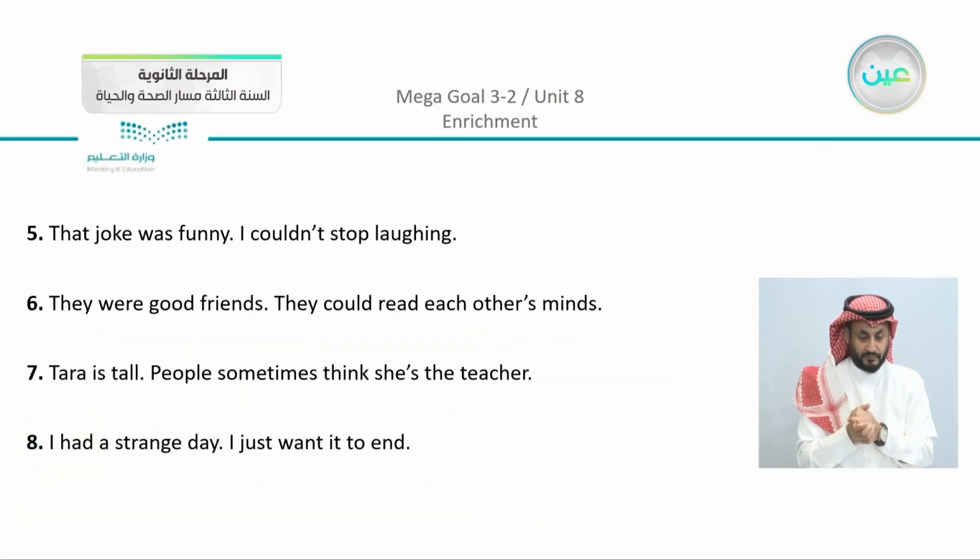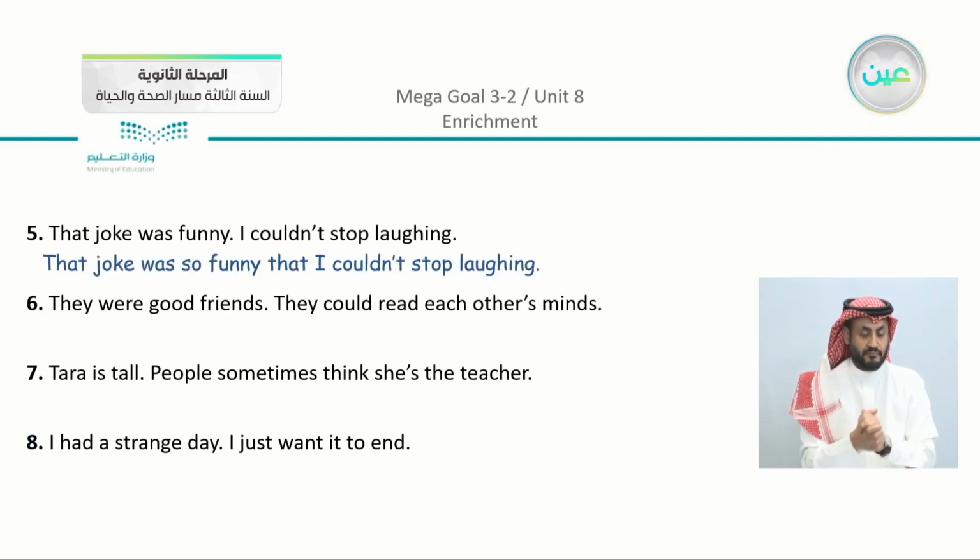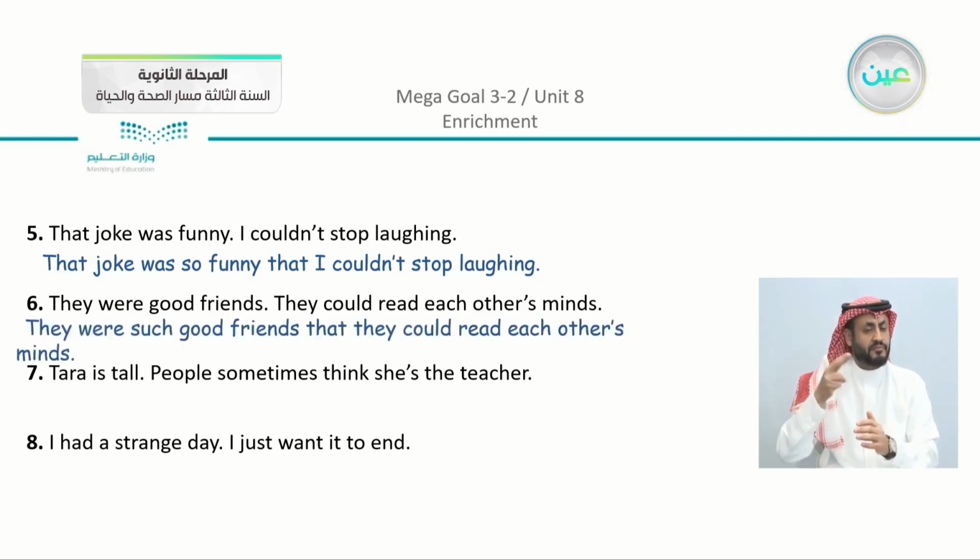Moving on. Number 5, that joke was funny. I couldn't stop laughing. We can say here that that joke was so funny that I couldn't stop laughing. They were good friends. They could read each other's minds. We have here, they were such good friends that they could read each other's minds.